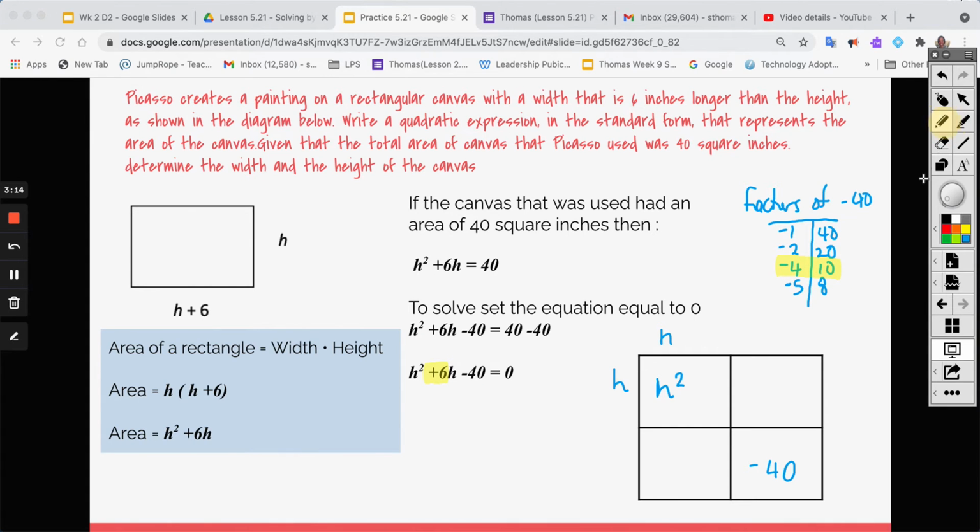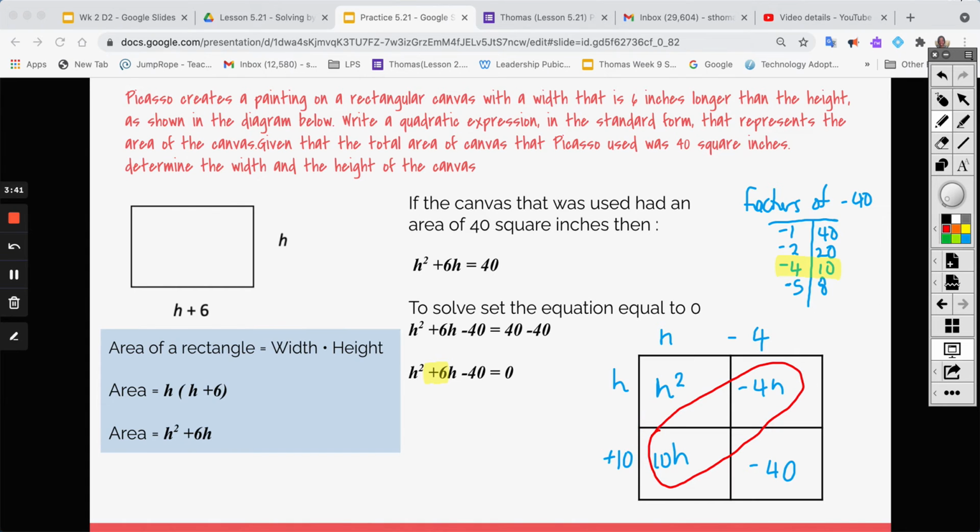So that's the pair of factors we're going to use, which means we can put a negative 4 here, which makes this negative 4h, and a plus 10 here, which makes this 10h. When we combine, we end up getting 6h, since 10 minus 4 is 6.